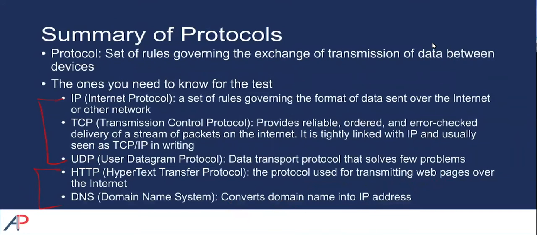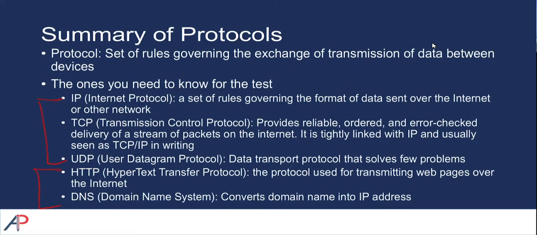And then we also have DNS, the Domain Name System. We talked about the IP address, how every computing device is assigned an IP address. When you are trying to access a specific website, you do not have the IP address memorized.